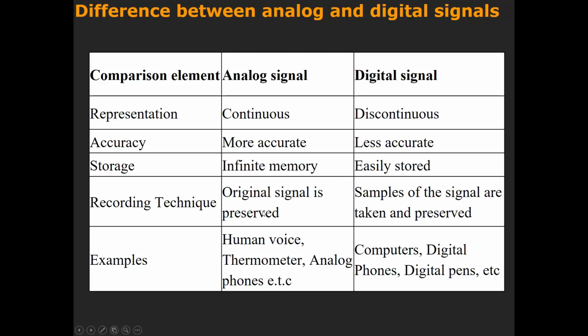In recording techniques, in analog signal the original signal is preserved, while in digital signals samples of the signals are taken and preserved. Examples of analog signals: human voice, thermometer, analog phones, though now they are digital thermometers also. And digital signal examples are computer, digital phones, digital pens, etc.